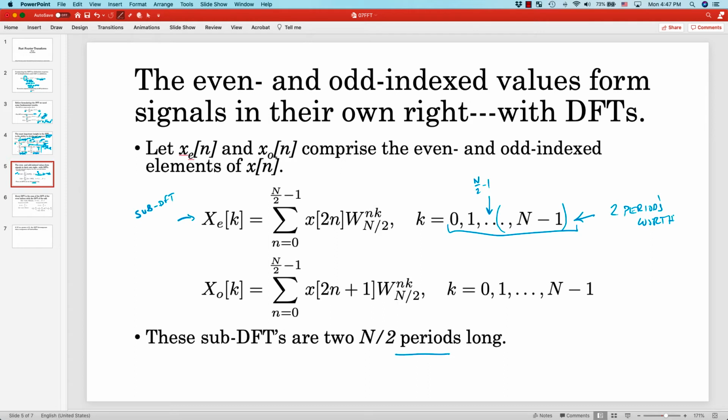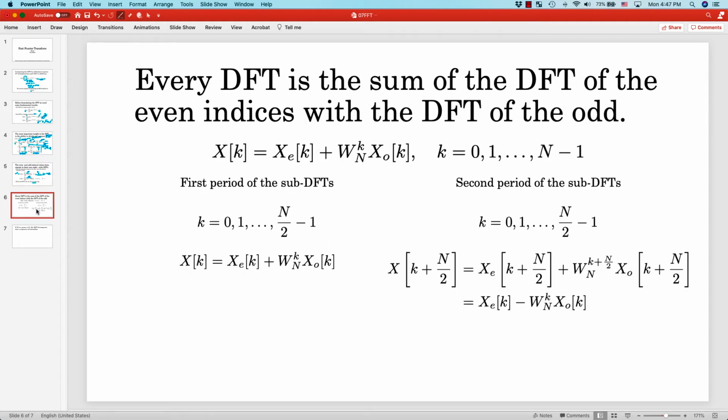of each sub-DFT. This is x sub e of n. That's the signal comprised of the even indexed samples of the original signal. And this is x sub o of n, which is the signal comprised of the odd indexed samples. And so here's where evaluating those sub-DFTs in the second period comes into practice. So again, we are writing the full DFT as the sum of two sub-DFTs with a scaling factor.